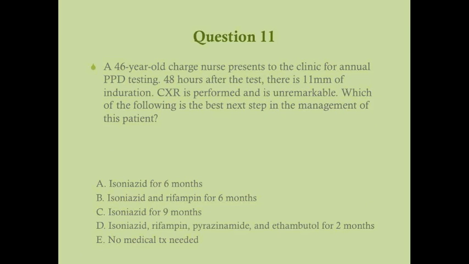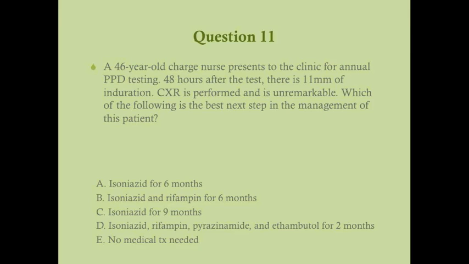A 46-year-old charge nurse presents to the clinic for annual PPD testing. Everybody has to get this in the U.S. every year who works in healthcare. 48 hours after the test, there is 11 millimeters of induration. And I didn't put it here, but we're assuming she has no immunodeficiencies. Chest x-ray is performed and is unremarkable.